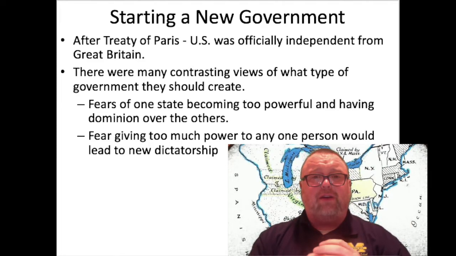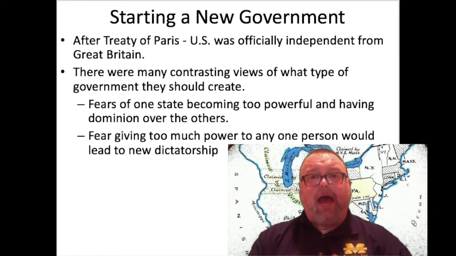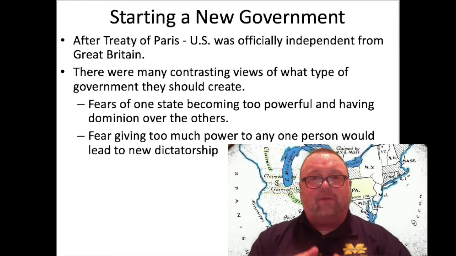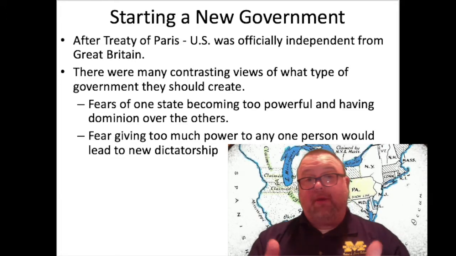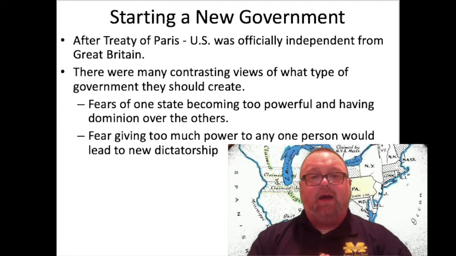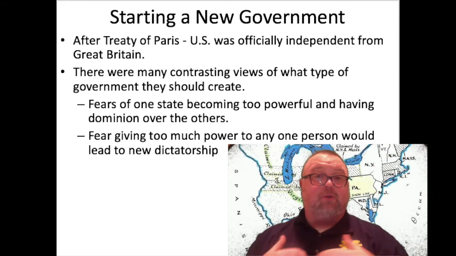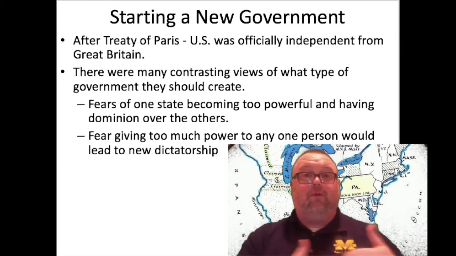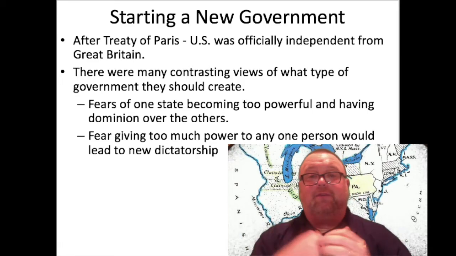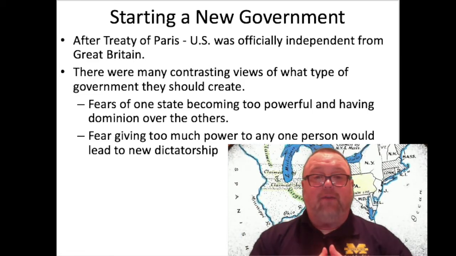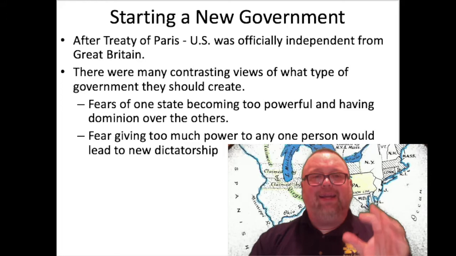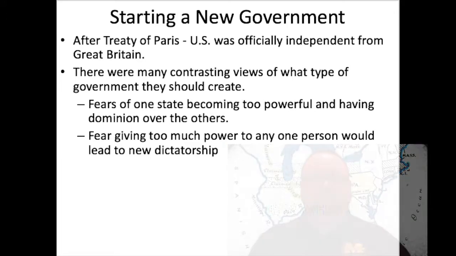They also feared having a central authority figure of power, like a king, what we would have today in a president. They were afraid that this would lead to more tyranny. We just broke from King George III. We don't want King George Washington I. Just trade one king for another. So they wanted a very limited government.